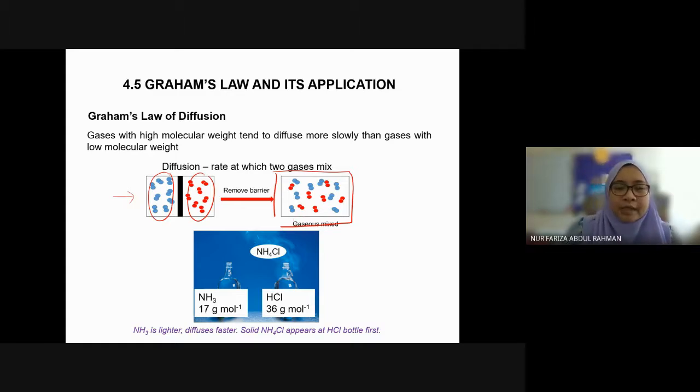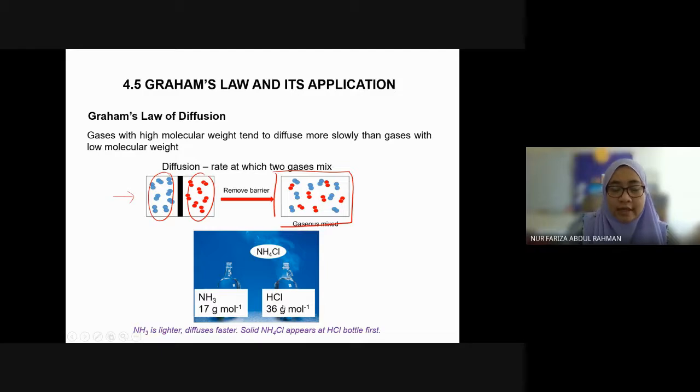Another example we have here. In this bottle, we have ammonia gas, and in this bottle, we have HCl gas. As you can see, these two have different molar masses. The mass of NH3 is 17 gram per mole.